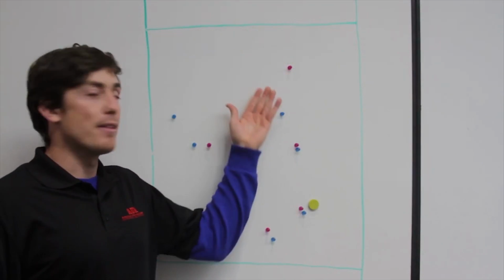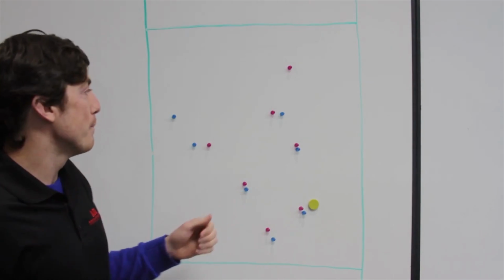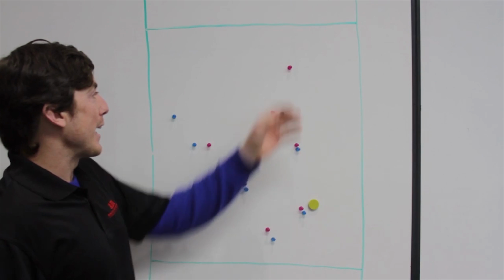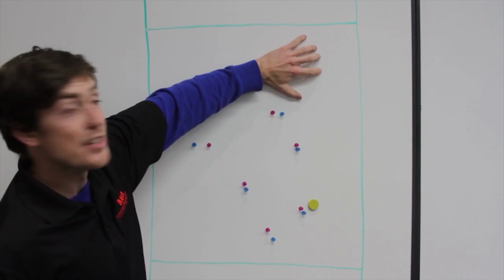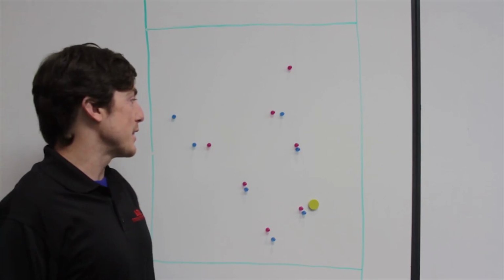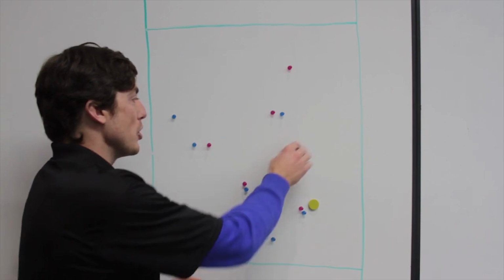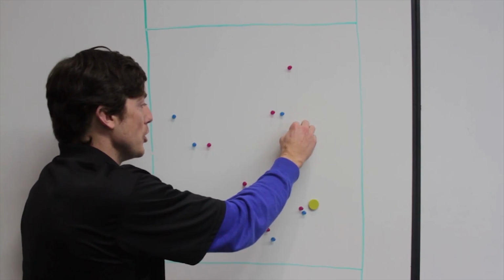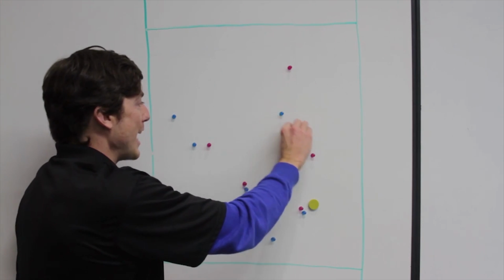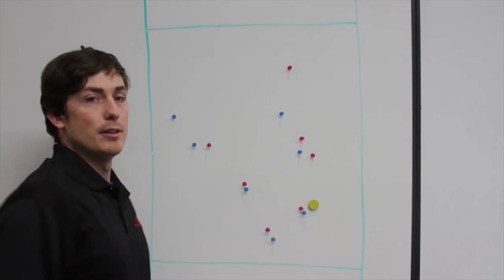Here I'm just going to break down the last back on the whiteboard. Now your normal last back is just responsible for shutting down this area of the field. And as we discussed in the film, he's communicating to his defenders in pink to overshoot these throws and to shut down this area of the field.